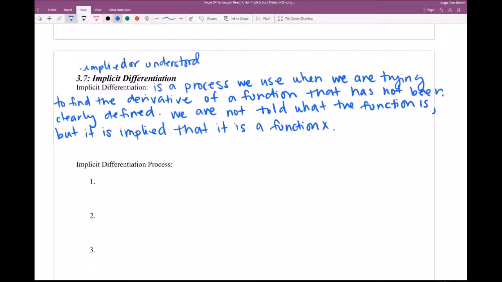It doesn't say "y equals" with the input being x. It doesn't say at all which one is the input and which one is the output. But anytime you see an equation with y and x in it, we implicitly assume that x is the input and y is the output.